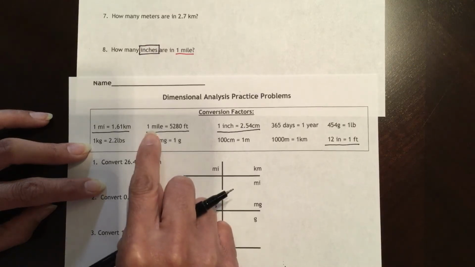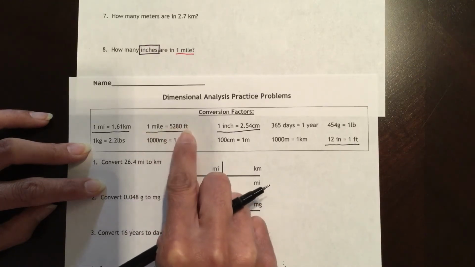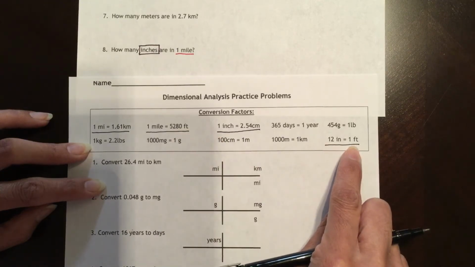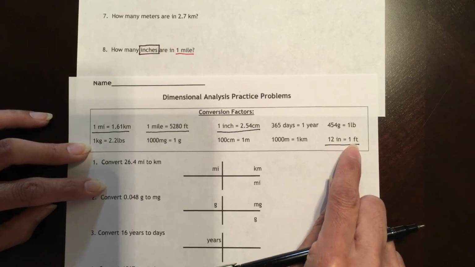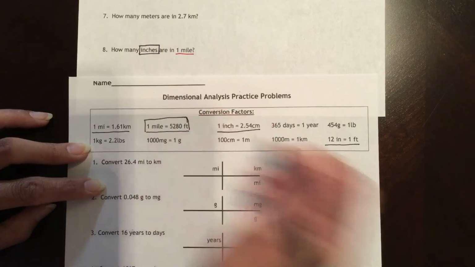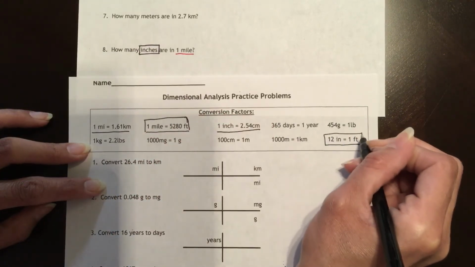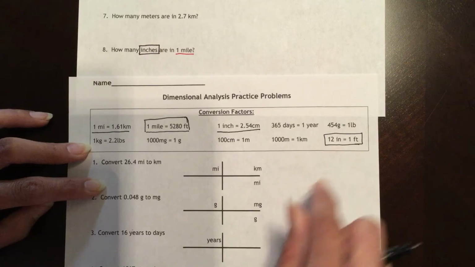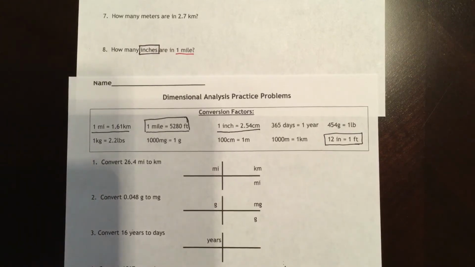Well, if you notice, I can go from 1 mile has so many feet, 5,280 feet. And then over here it has feet too. So since this has feet and inches, these are the two that I want to be using, because I can eliminate my feet and end with inches on this. So I'm going to write down those conversions.